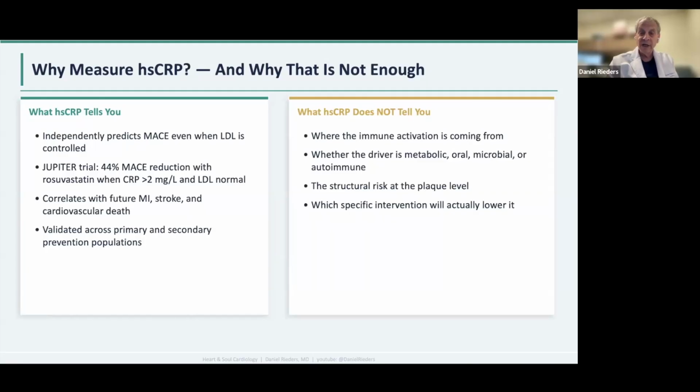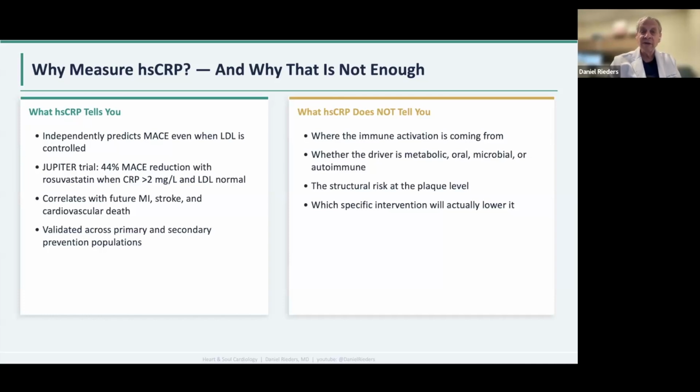So why measure the CRP in the first place? And the fact is that it's not good enough. Well, there's studies like the Jupiter study, and it's an independent risk factor that predicts something called MACE, major adverse cardiovascular events, and cerebral vascular events, even when the cholesterol is at goal. So it correlates with future heart attacks, strokes, and death.